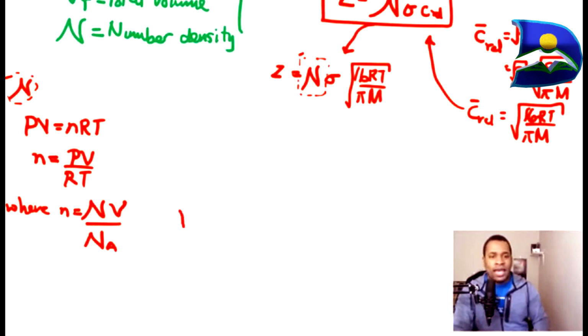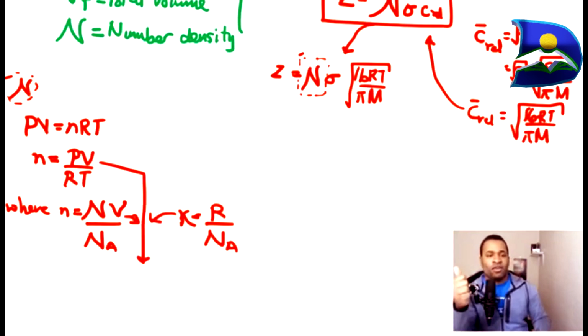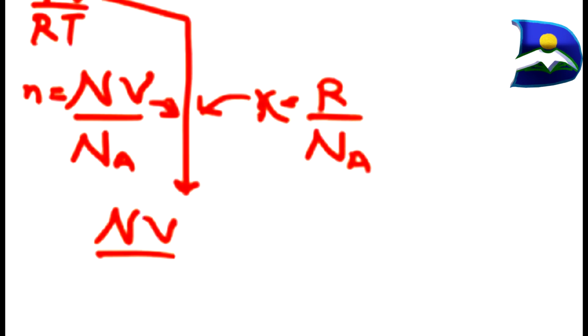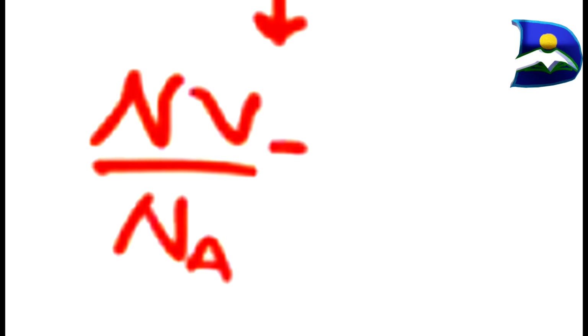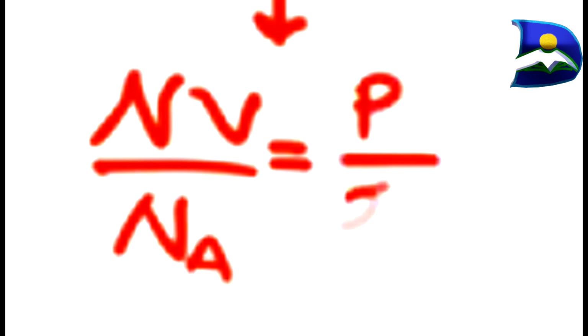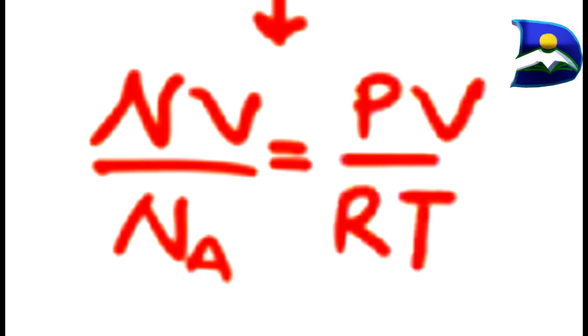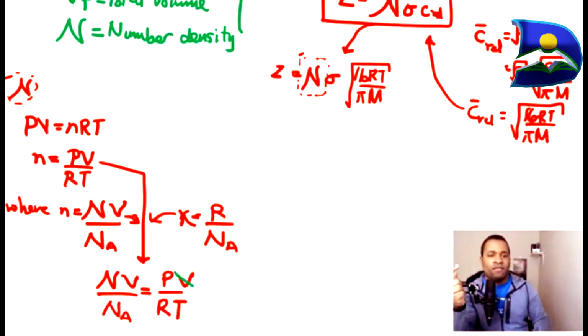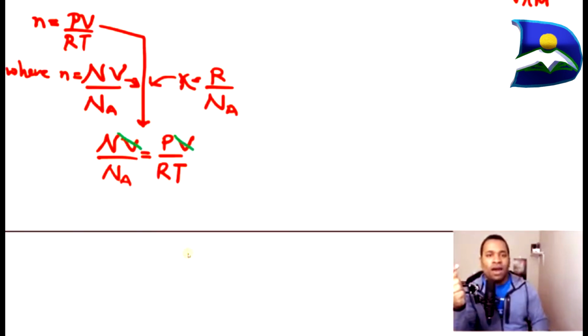alongside k. k is represented as the Boltzmann constant, and k is equal to R over the number of particles. As a result of that, once we apply both to this particular expression, we are going to have the number density over the number of particles equal to P, which is the pressure, over RT, and we have our V. So take note here that the volume cancels out, and what we're left with is k equal to R over NA.